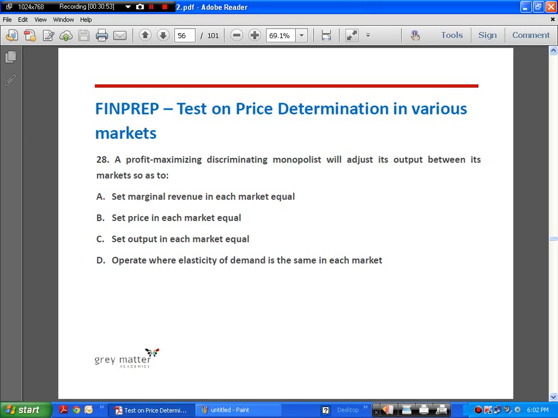Therefore, option A is the right answer, where the marginal revenue in each market is equal.